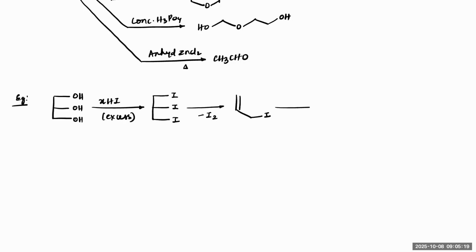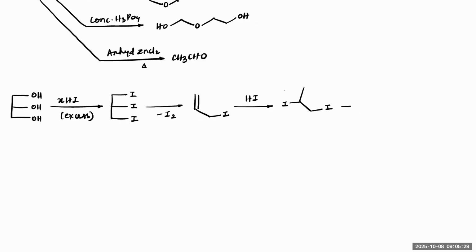On this double bond, if I use HI again, I will get iodide here and iodide here. These iodides will again be unstable, so you'll get a double bond here. And on reacting with one more HI, you will get iodide at the center. So that is the product.